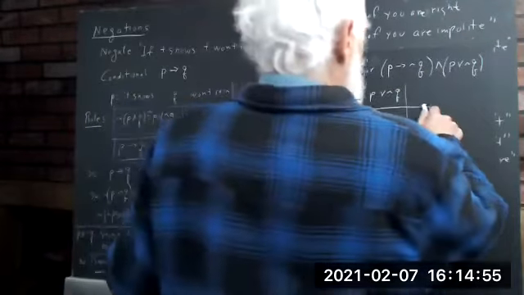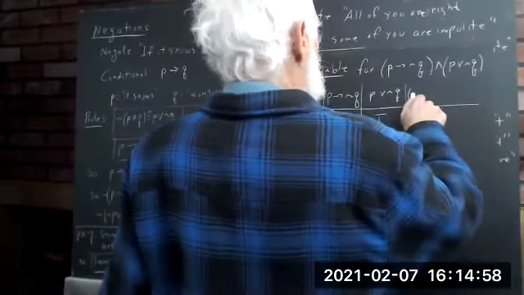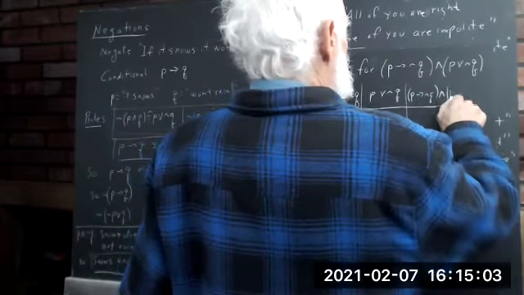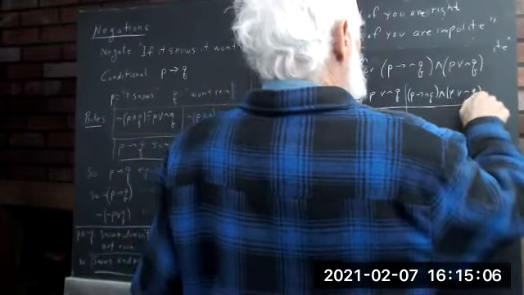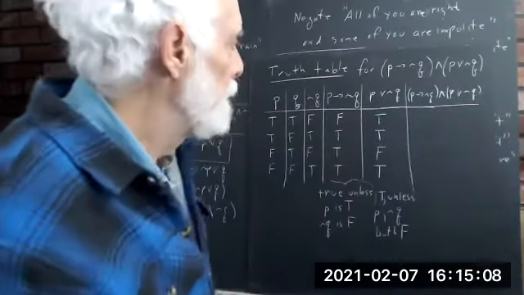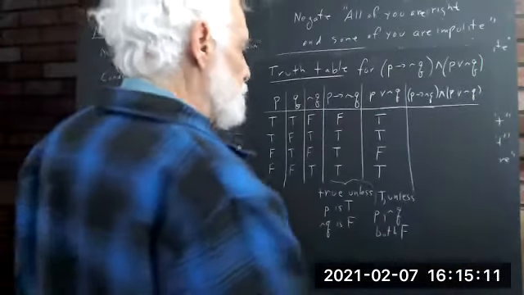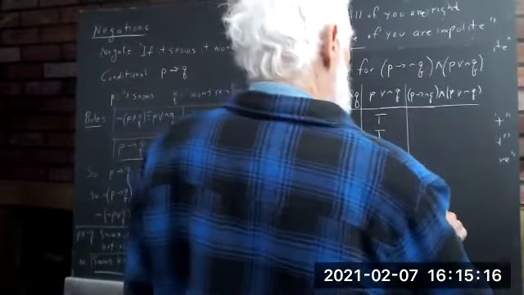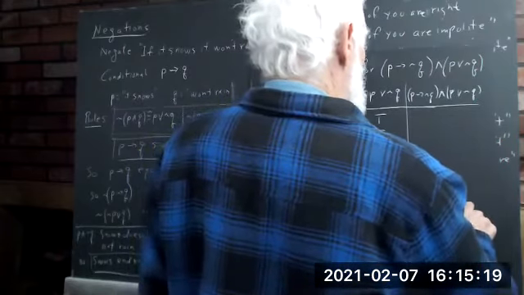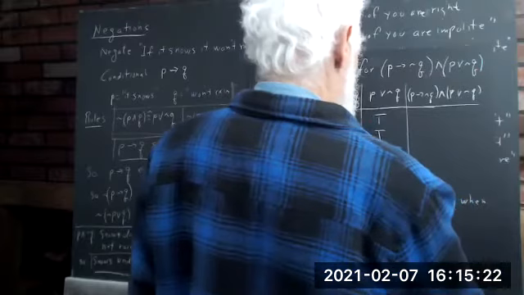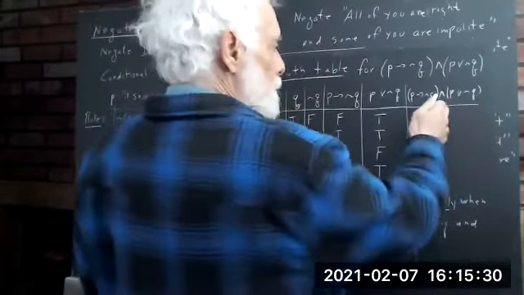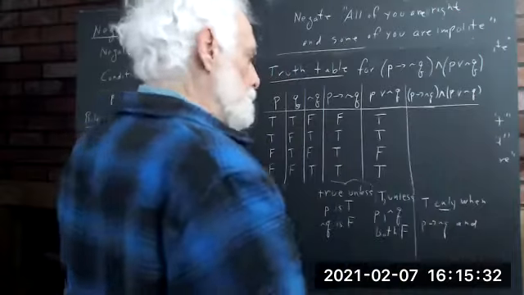So the final statement is if P then not Q and P or not Q, okay, and this is true only when both the statements that make up the and are true.